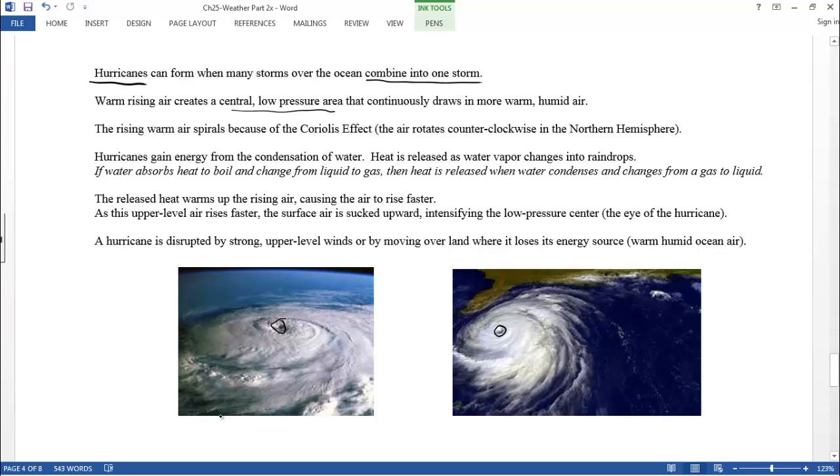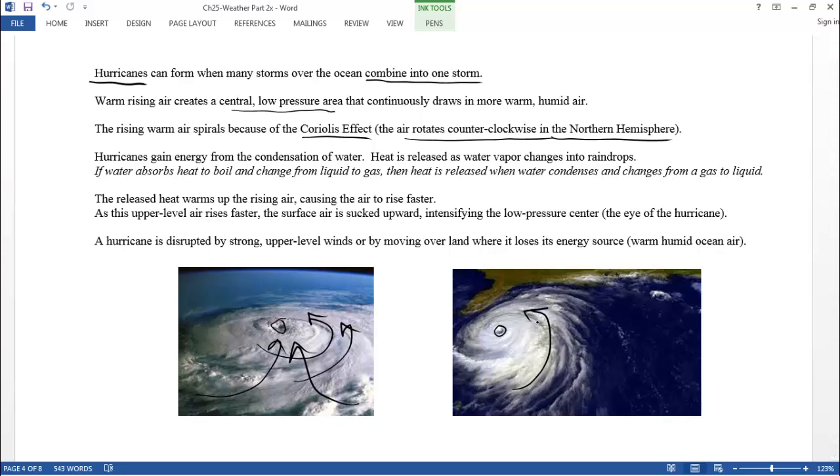And then as that humid air rises up from the surface through the updraft, it's going to spin because of the Coriolis effect. Remember, the rotation of the Earth causes the air to rotate. It's counterclockwise in the northern hemisphere, and it'll be clockwise in the southern hemisphere. So the updraft starts to spin. And so all the hurricanes in the northern hemisphere are going to spin counterclockwise.